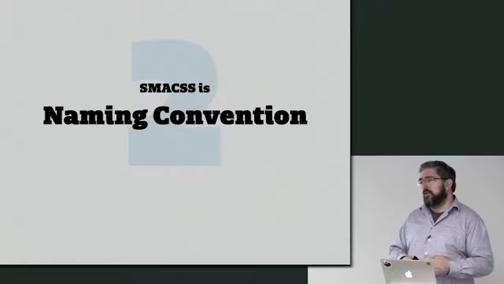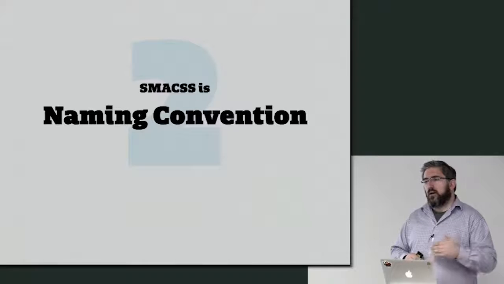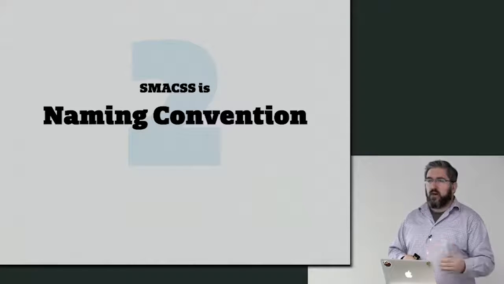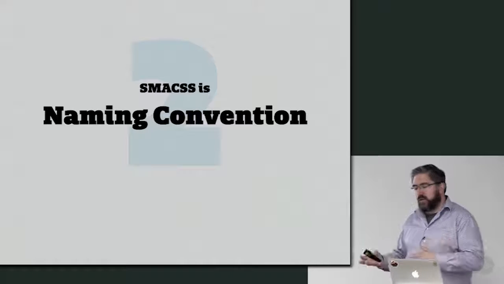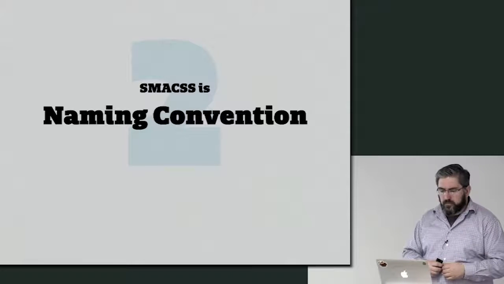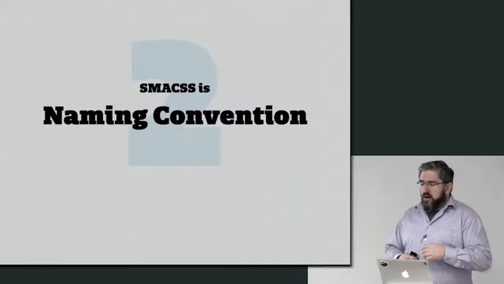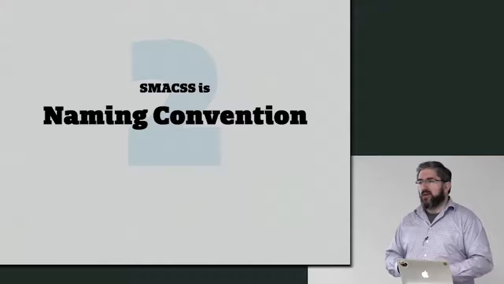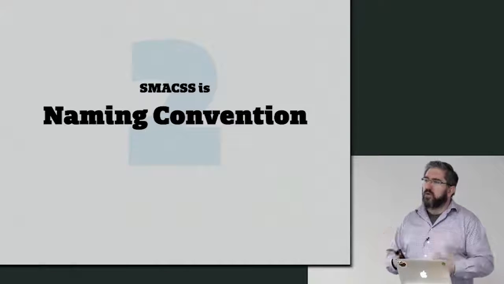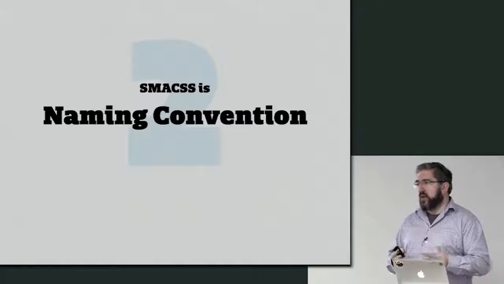It's about naming convention. Why are we naming things the way they are? How do we separate things between things? When I first wrote SMACSS, categorization to me was like the foundation. It was the critical thing that really explained what SMACSS was all about.